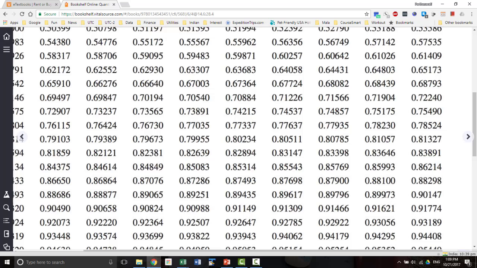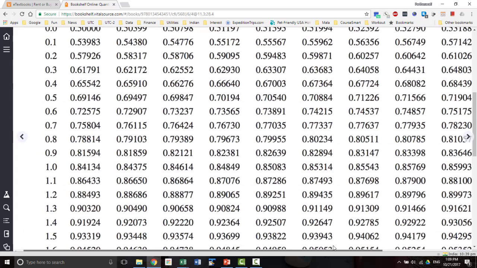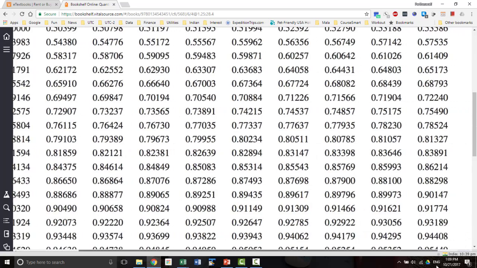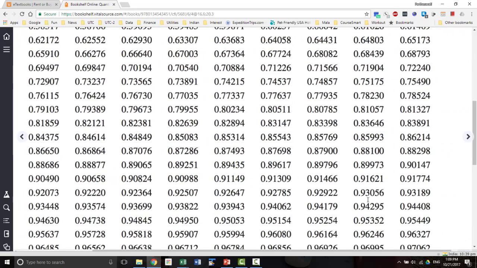So for example, the z value here is 1.28, and the other is 1.29. So we can average the two and say 1.285.